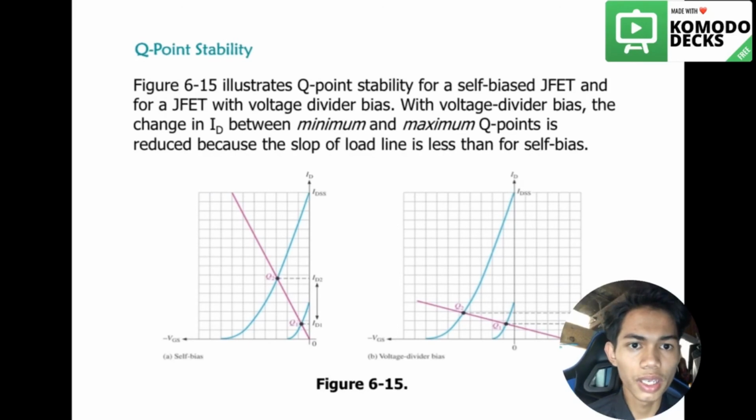Q point stability, figure 6-15 illustrates Q point stability for a self-biased JFET and for a JFET with voltage divider bias. With voltage divider bias, the change in ID between minimum and maximum Q point is reduced because the slope of load line is less than for self-bias.